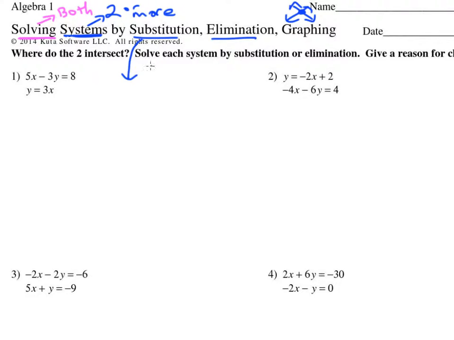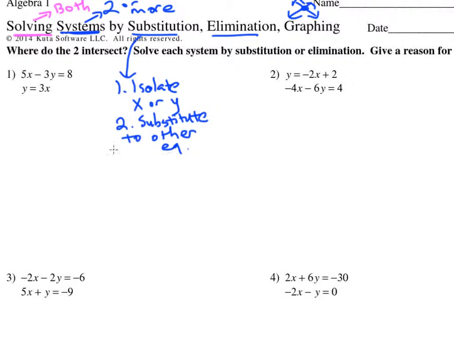For substitution, our steps: we want to isolate. That's the key word. Isolate x or y. Go ahead and copy that down. Step 2, you want to substitute to the other equation.